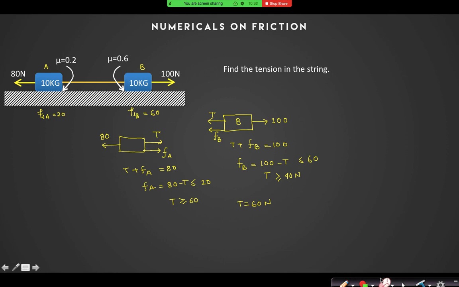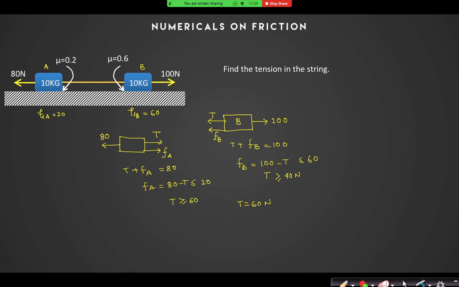Sir, we could also do it like this: T plus Fb minus T minus Fa is equal to 20, so Fb minus Fa is equal to 20. Yes, the first equation minus the second equation. In that case, but in the first equation, Fa and Fb are actually not known.